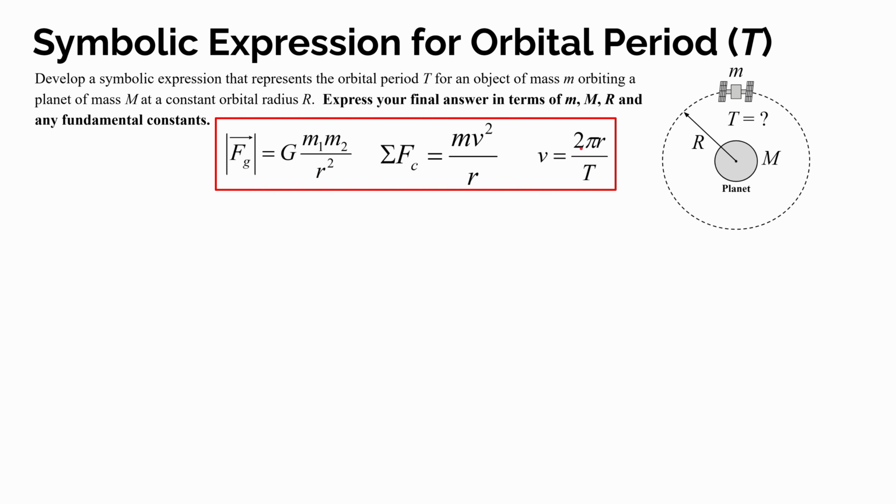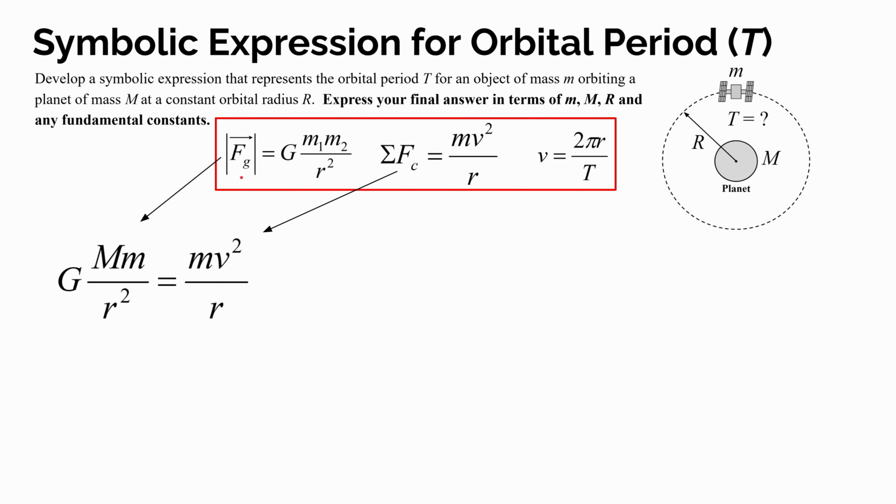So if we have these three equations, we can combine them to figure out how the orbital radius, capital R, is related to the orbital period, capital T. So let's start by using the first and second equation. We start with the second one here. The sum of the forces is equal to mv squared over r. So mv squared over r is on the right-hand side. And what is equal to the sum of the forces on an orbiting satellite or an orbiting object around a planet or a star?